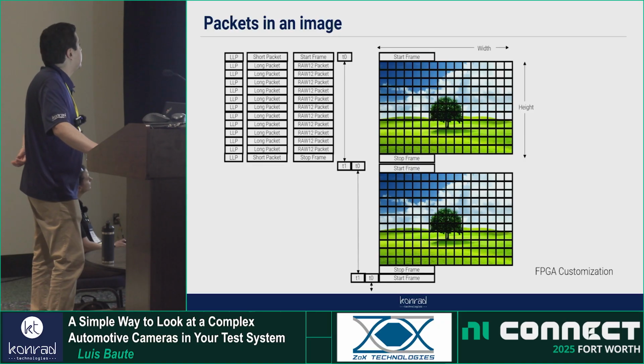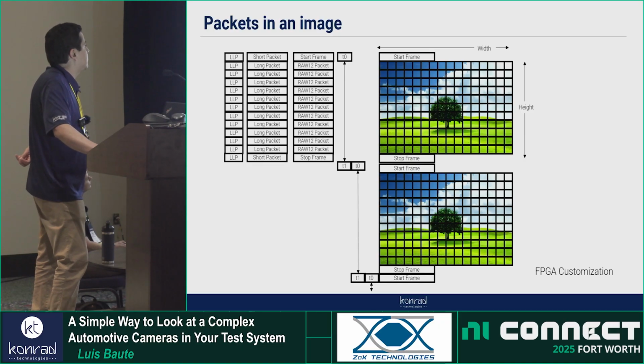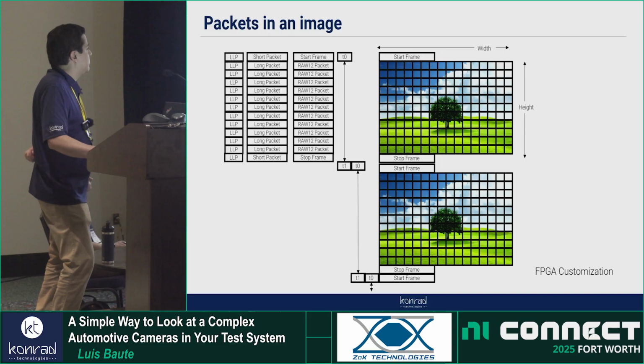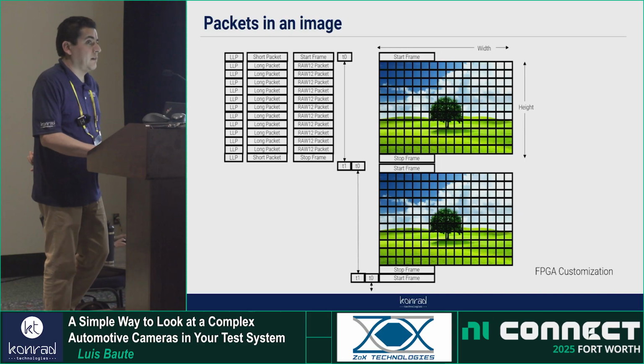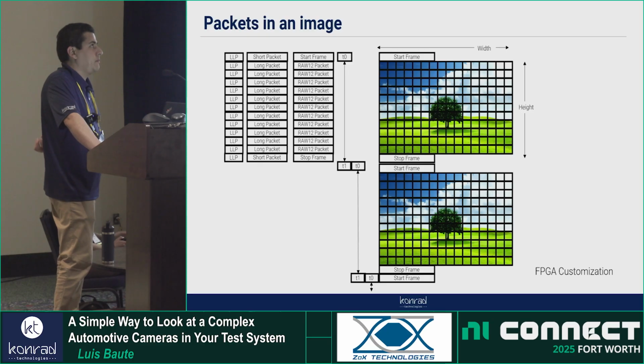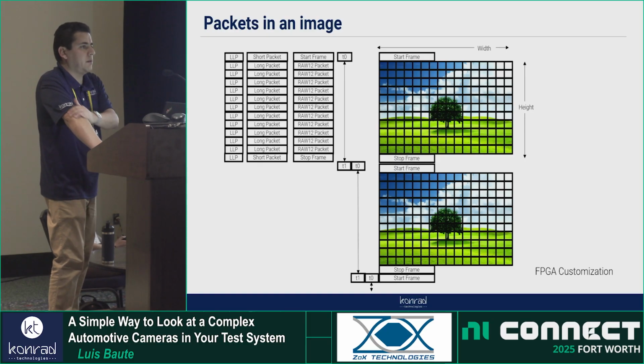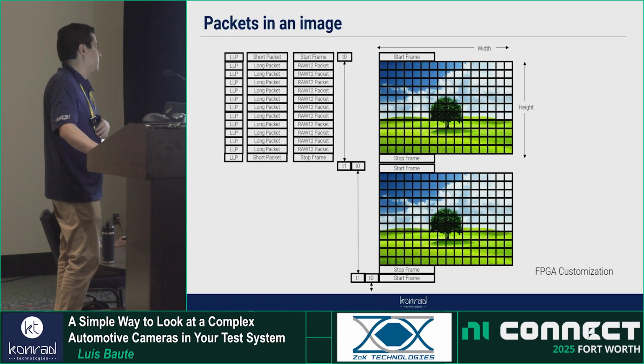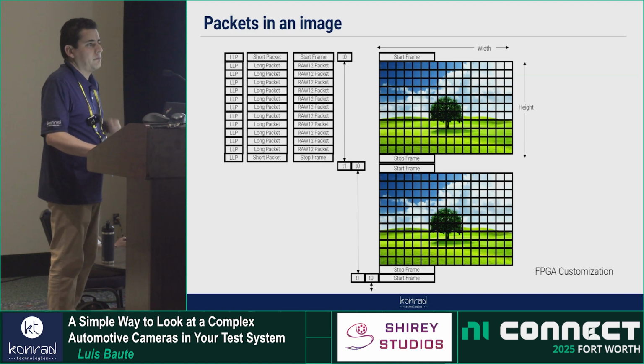Here we can see, for example, our image, the start frame and stop frame. And this is important also because the example from NI doesn't come with frame rate calculation from the FPGA. It does it from the host code. But if the host code is running on Windows, you don't know if that is going to be delayed or not synchronized.